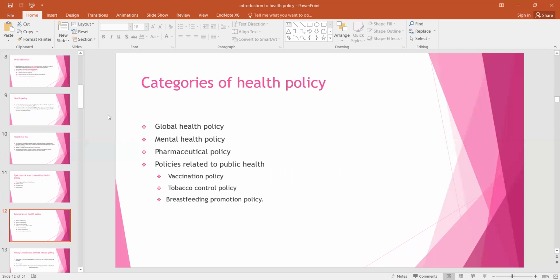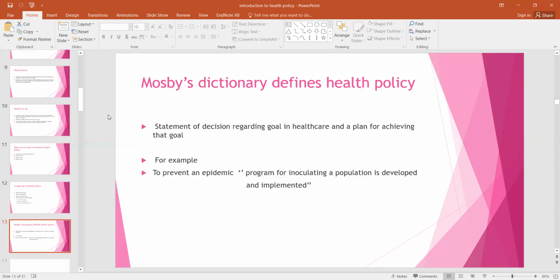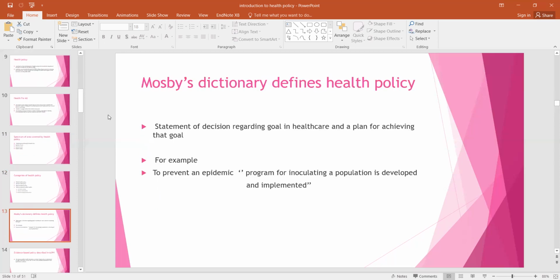There are different categories of health policies like global health policy, mental health policy, pharmaceutical policies, and policies which are directly related to public health like vaccination policy, tobacco control policy, and breastfeeding promotion policies. Different authors give different definitions of the health policies. Like in Mosby's dictionary, they define it as the statement of decision regarding goal in healthcare and a plan for achieving that goal.